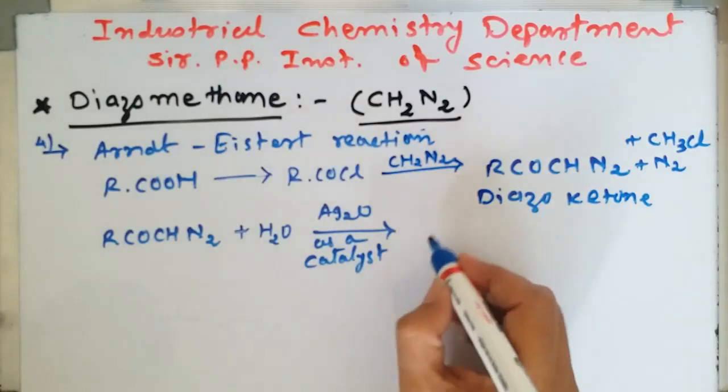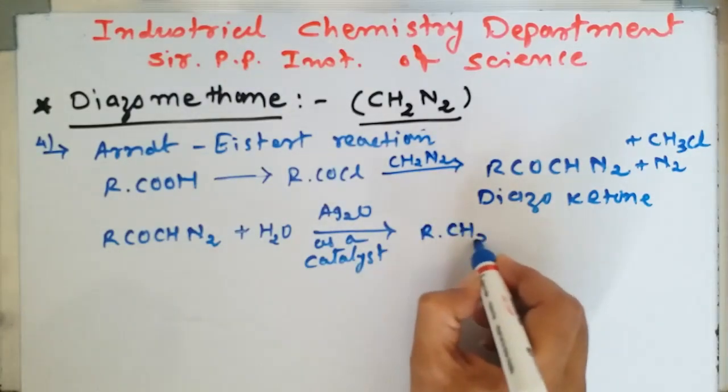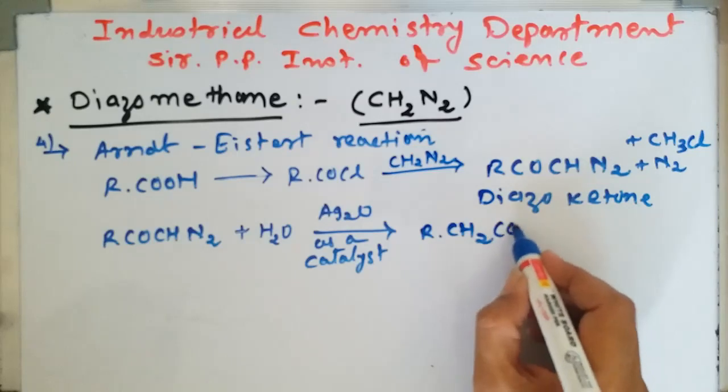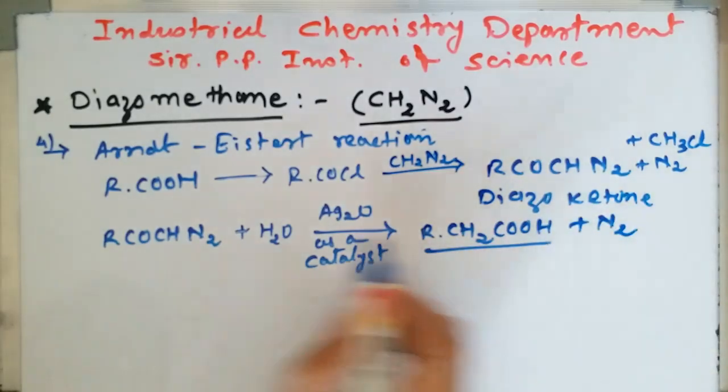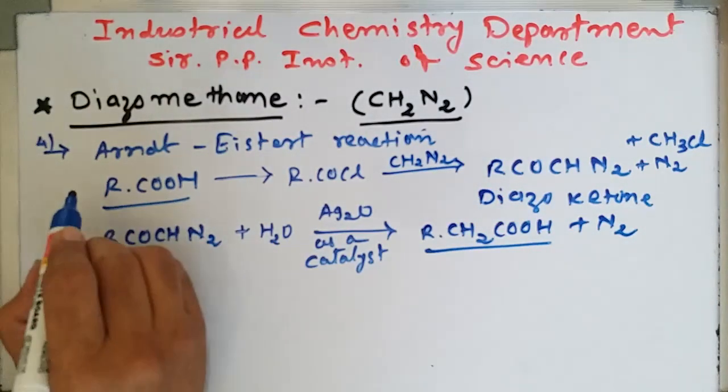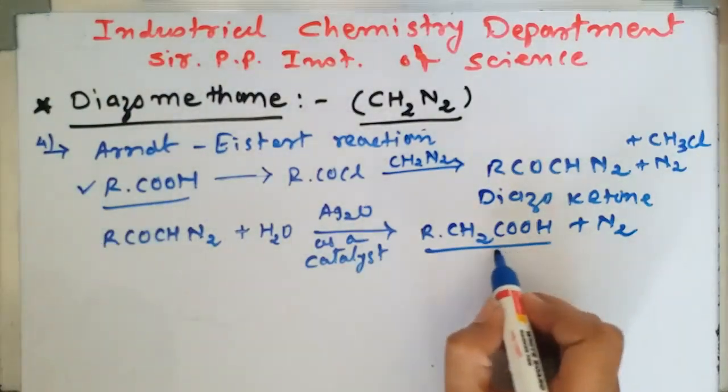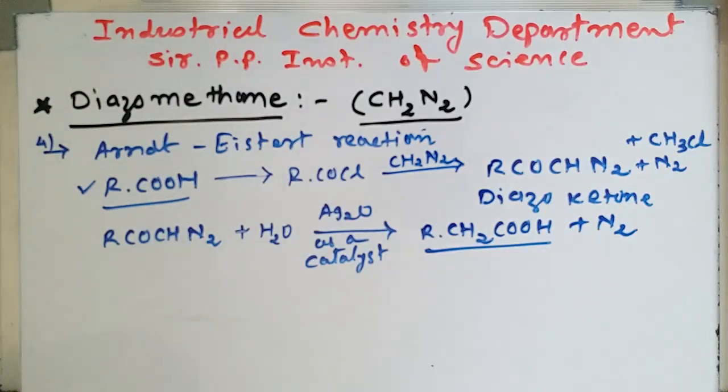As a catalyst, we get the next homologous acid. This compound contains only one carbon and this has two carbons. So in the Arndt-Eistert reaction or synthesis, an acid is converted into its next higher homologous compound.